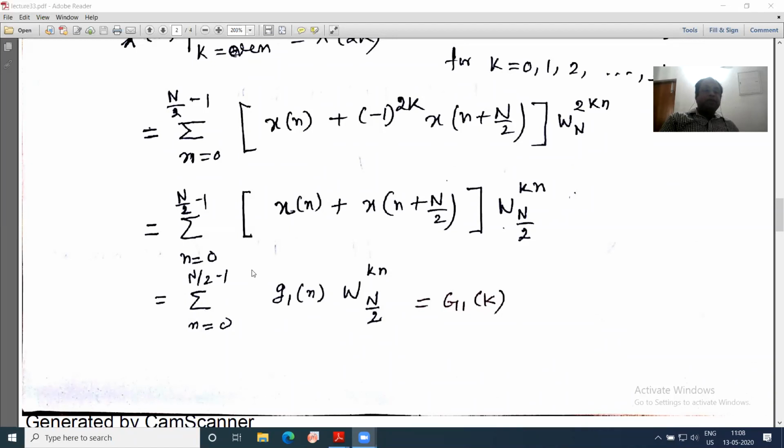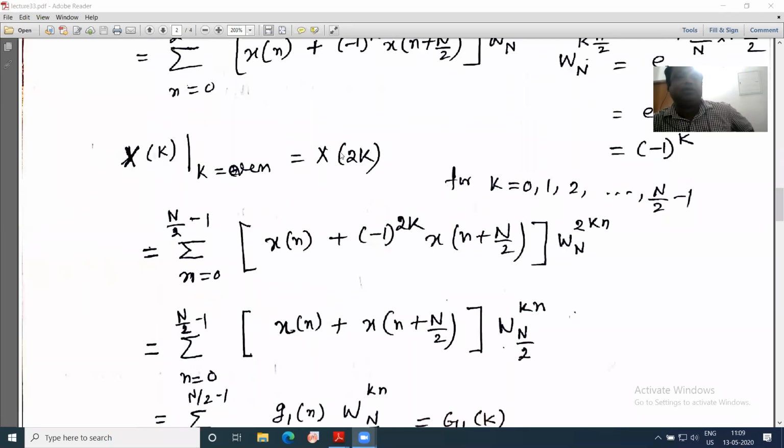Now g1 of n, how many points is there? 0 to N by 2 minus 1, so this has at most N by 2 points. In between you will be having N by 2 points. Therefore, the sum from 0 to N by 2 minus 1 of g1 of n W_(N/2)^(kn) is essentially the N by 2 point DFT of g1 of n, which I am writing as g1 of k, which is essentially x of 2k, which is x of k, k even.